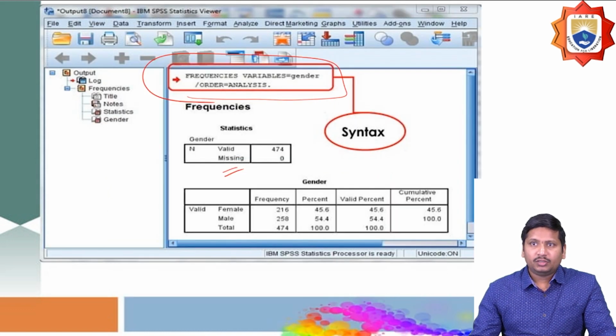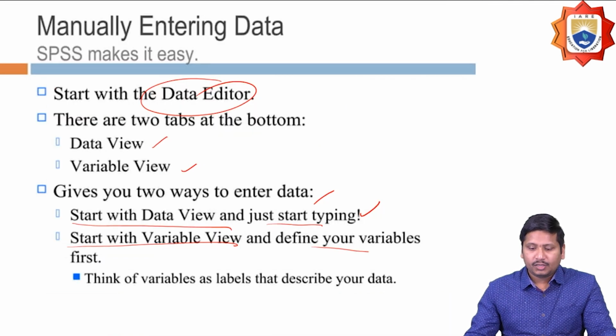And this is the syntax editor. If I want to modify the content for rectifying the syntax, you can go for this. Normally you can perform everything in the form of manual data entry.